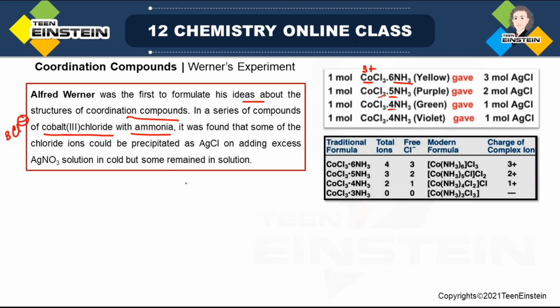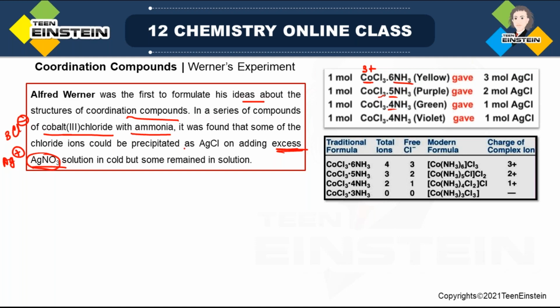But when we are adding AgNO3 to these compounds, AgNO3 is the source of Ag+ ion. And we know that if there is Cl- ion in contact with Ag+, it will form the precipitate of AgCl. Now, when you are adding AgNO3 solution, you are adding it in excess. It is not that you are adding some particular amount, you are adding excess.